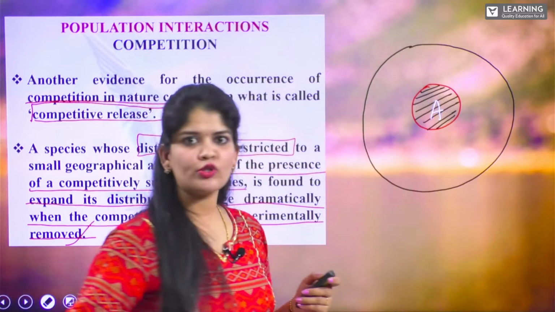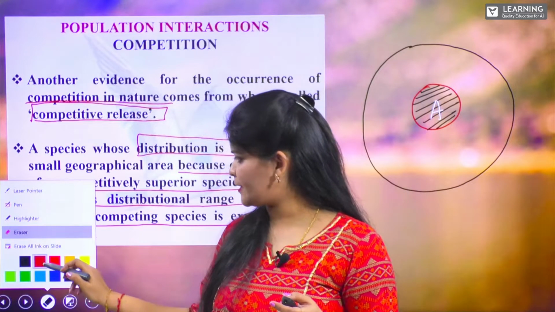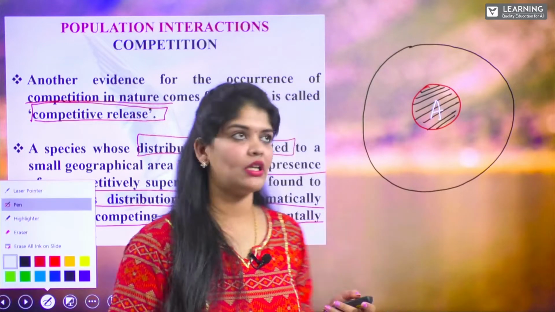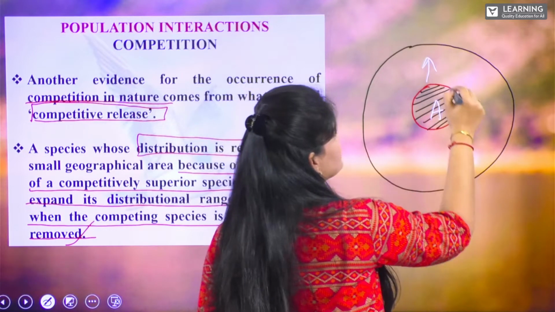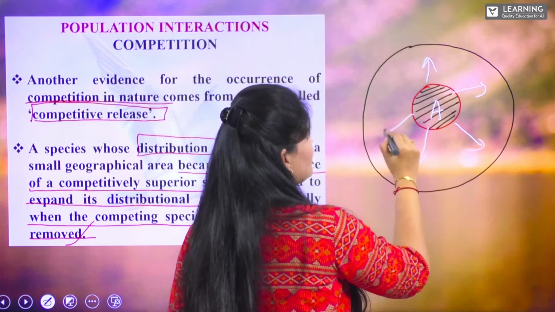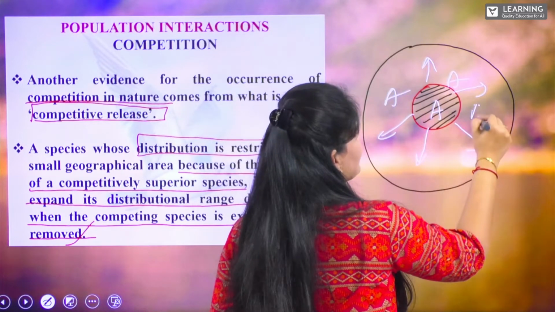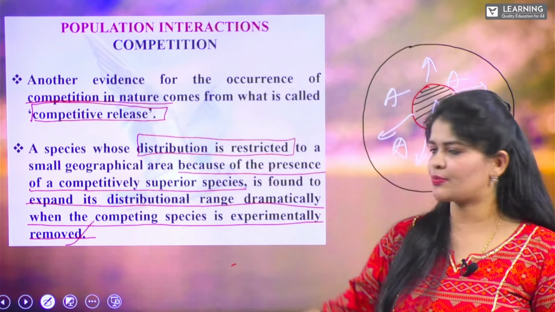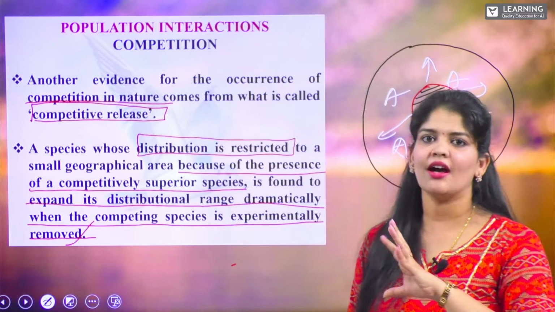In the absence of the superior competitor B, A gets the chance to spread very fast. It starts to increase its distribution dramatically. That is what is explained, and this is competition release.